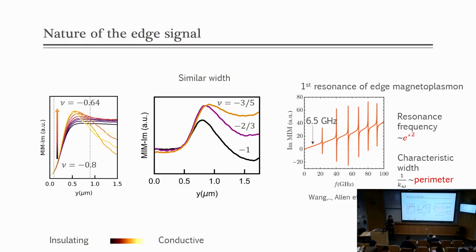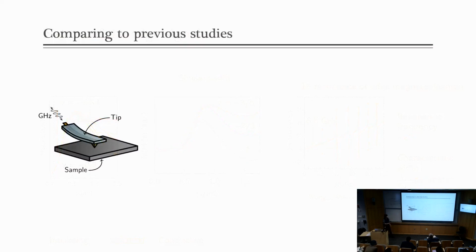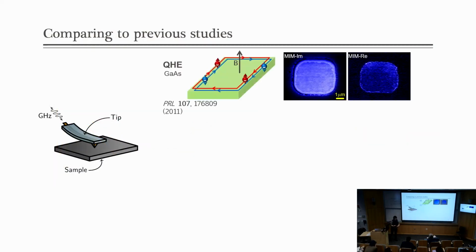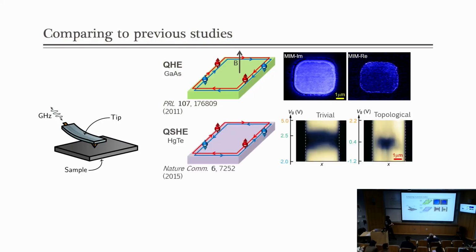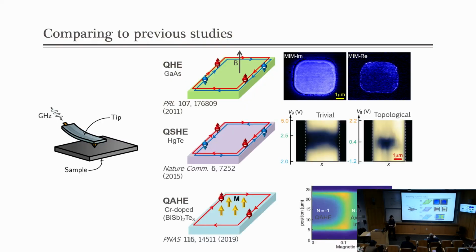So that means that we are not directly seeing the edge conductivity. That is a little bit of a disappointment, but also because this type of resonance gives us information in a different way about sigma xy and sigma xx, we can still extract information out of it. We can also compare to previous studies, because microwave has been used for measuring the quantum Hall effect, quantum spin Hall effect, and quantum anomalous Hall effect.